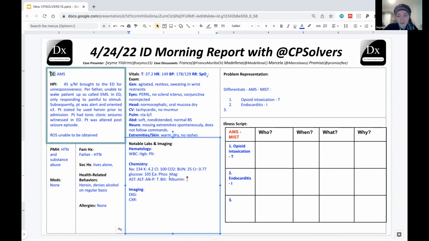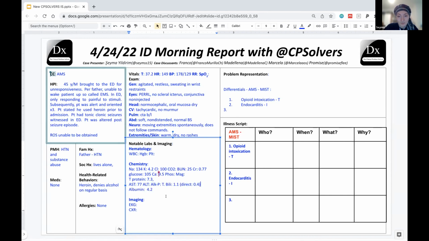The total protein is 7.3, with albumin being 4.2. The calcium is 9.5. The AST is 77, ALT 53. The total bilirubin is 1.1, with the direct one being 0.4.